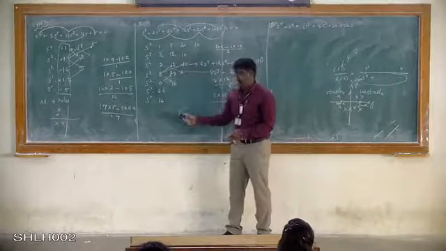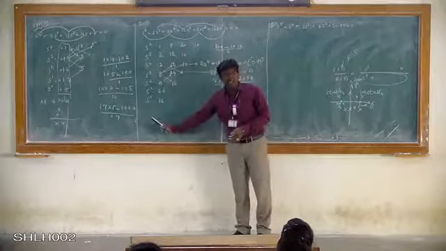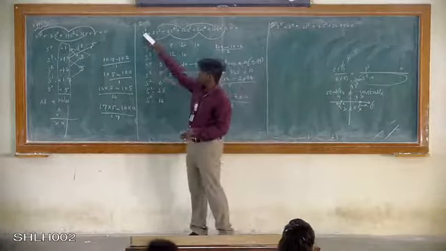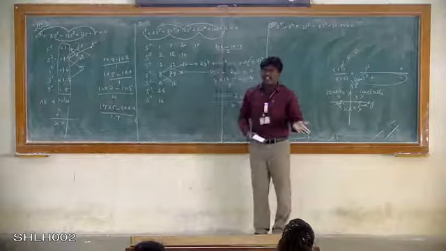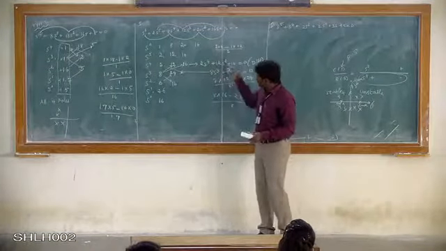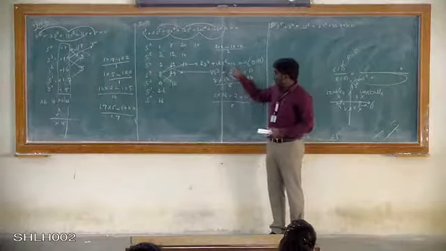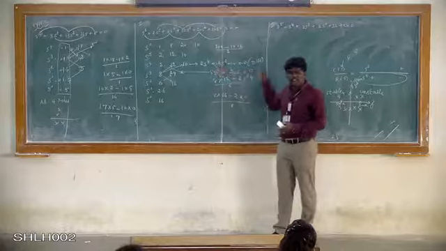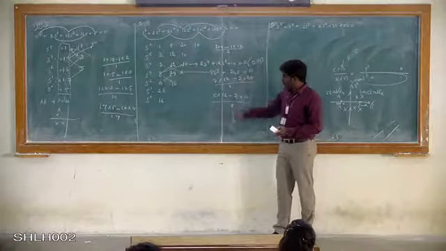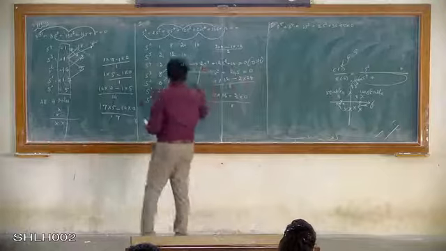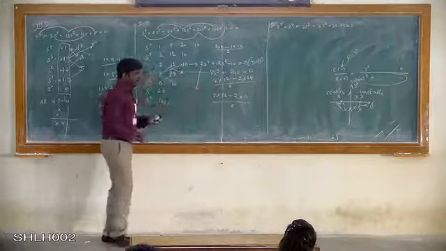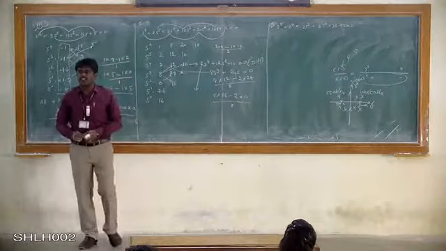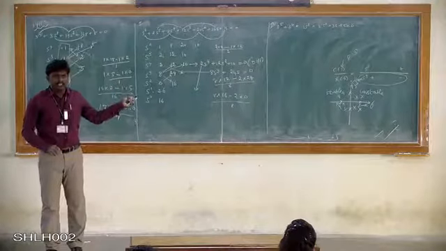According to this, all the 6 poles would be lying on the left half of the S plane, right? So since you have differentiated this particular equation and solved, you will have to take this particular equation and find the roots of this equation.